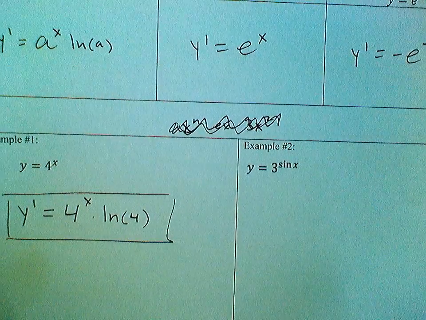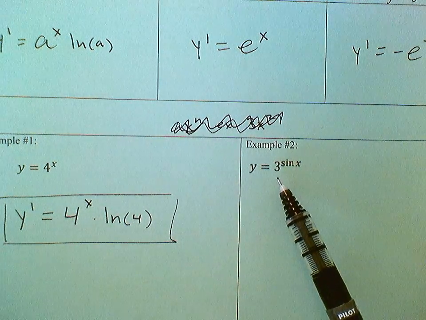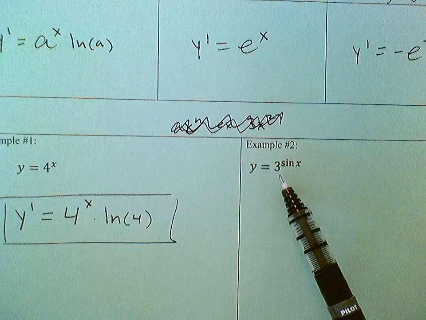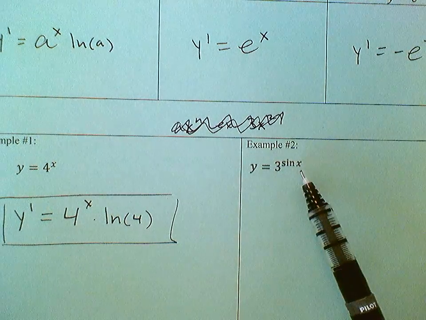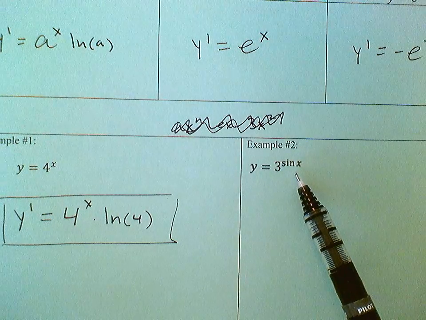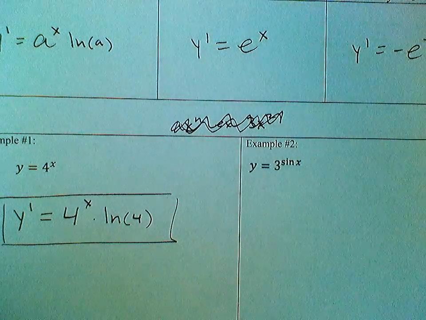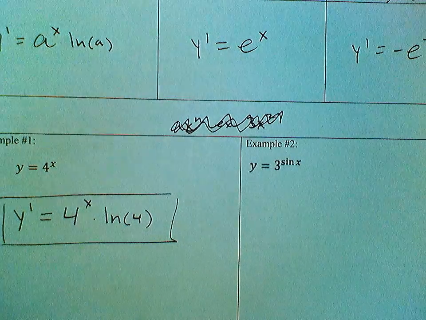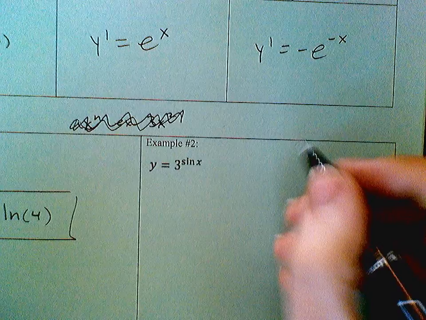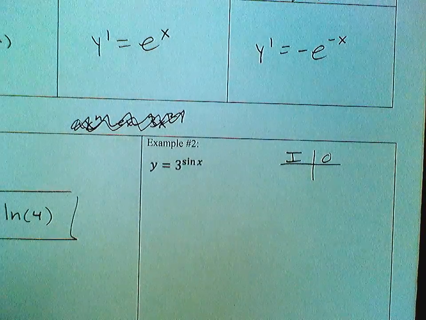Example 2, very similar. This is an exponential function. I have a base that is some constant, in this case 3, and then my variable is up in the exponent, but my exponent is not just x this time like the last example. My exponent is itself another function. So this is a chain rule situation. So I'm going to go off to the side and think about what is my inside function, what is my outside function.